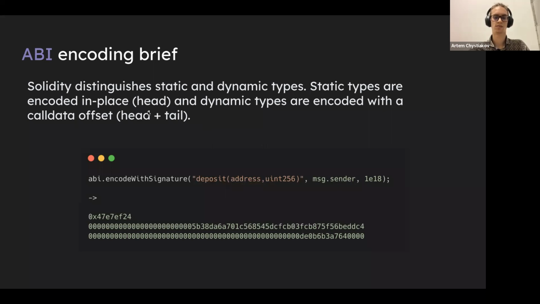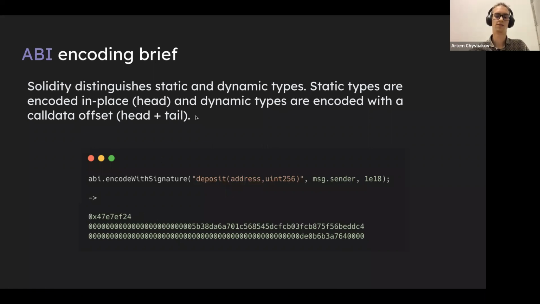And these types are encoded in place. So this means that if you're encoding this type, it will be directly translated into some bytes. I will explain how those bytes work.